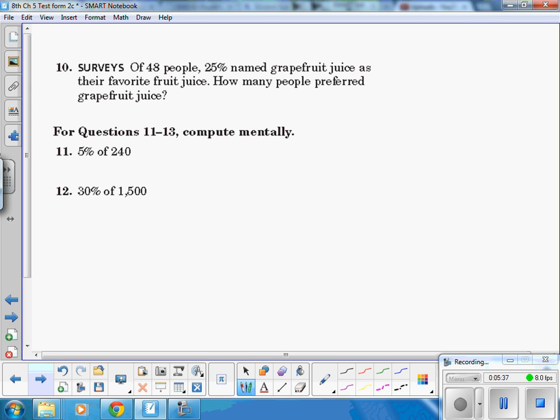Number 10, 48. Of the 48 people, 25% named grapefruit juice as their favorite. 48 in this problem is representing the whole. 25% is the percent. So if we did the percent times whole, or we can do the percent proportion.